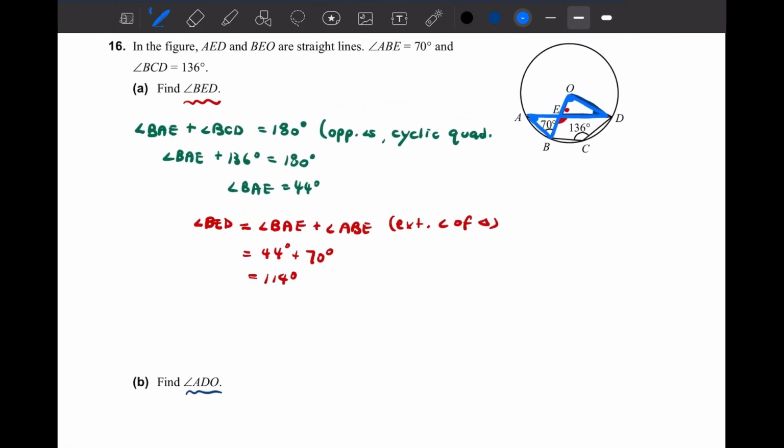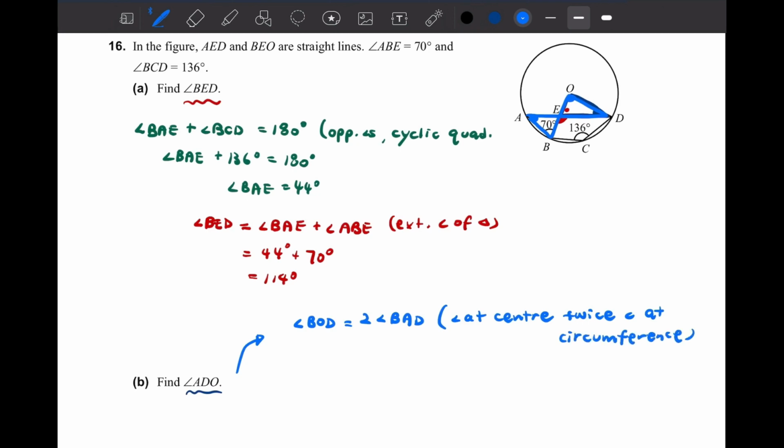So for part B, I'm going to write here. Angle BOD is equal to 2 times the angle BAD. So angle at center twice angle at circumference. So it equals 2 times 44, which you found in part A. So it's 88.